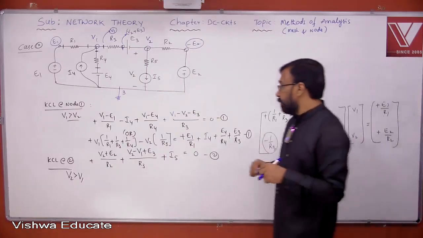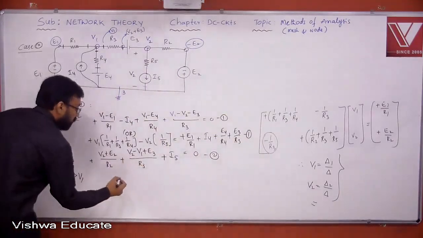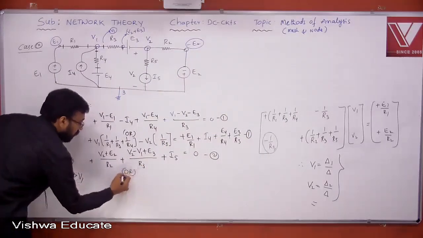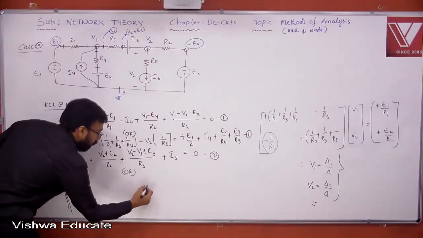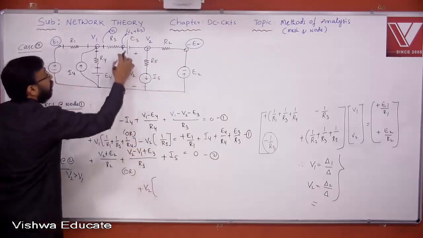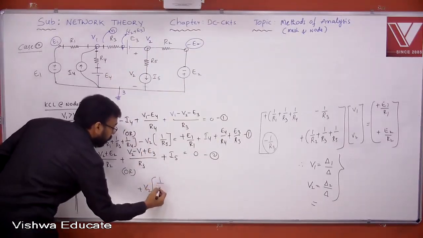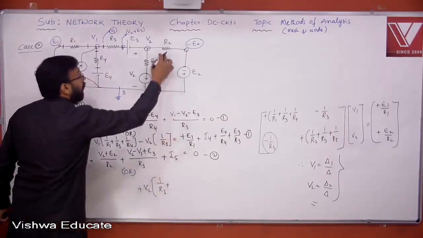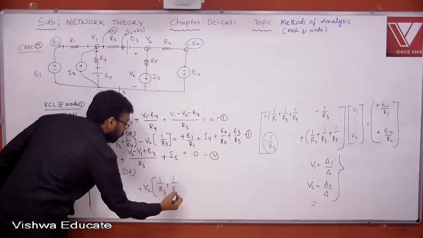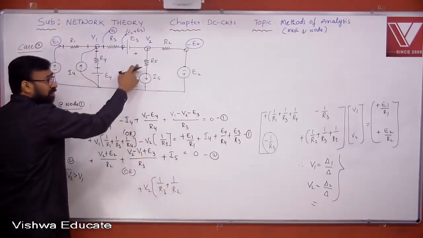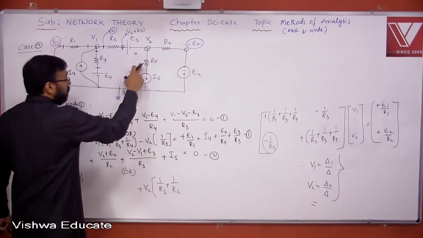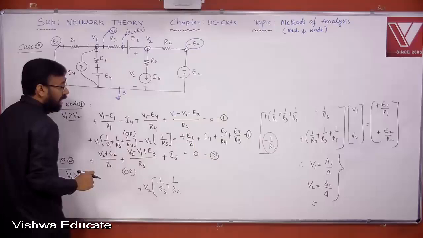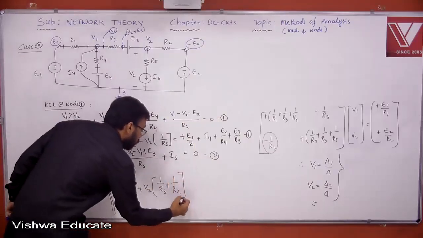Now, this one, inspection. Plus V2 of 1 by R3, 1 by R2. Do you get 1 by R5? No, I told you already. You are neglecting this R5 because it is in series with an ideal current source. That's it.